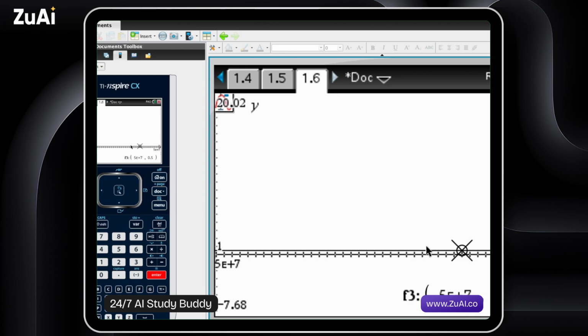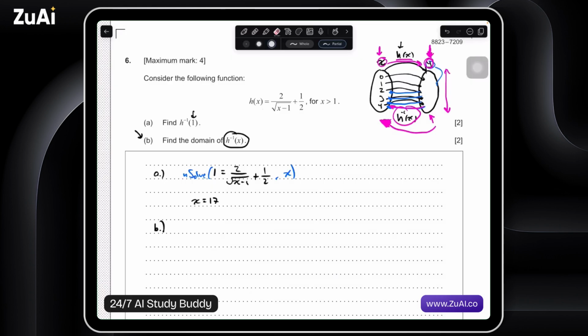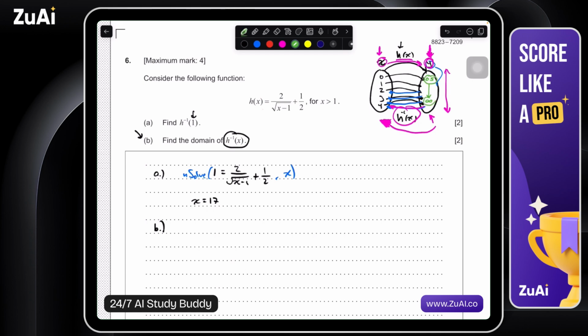So let's go back to this home screen once again, or the document. And I realize this looks a little messy right now, but what do we have? We have inputs all the way from 0.5 all the way to positive infinity. And if that's the case, we should be able to plug in values from 0.5 to positive infinity into our inverse function, and they should give us some kind of output.